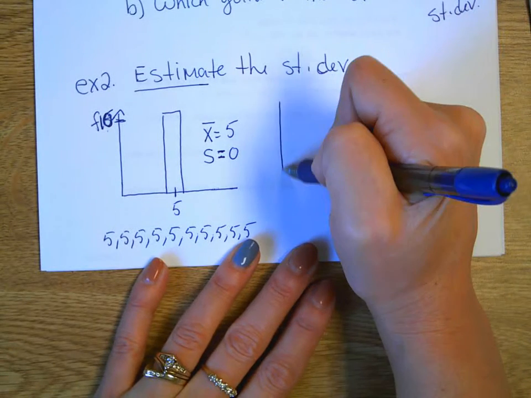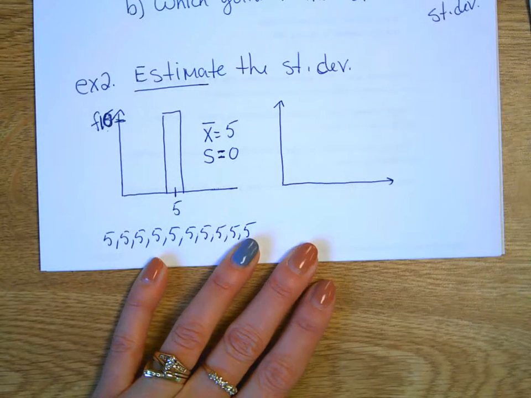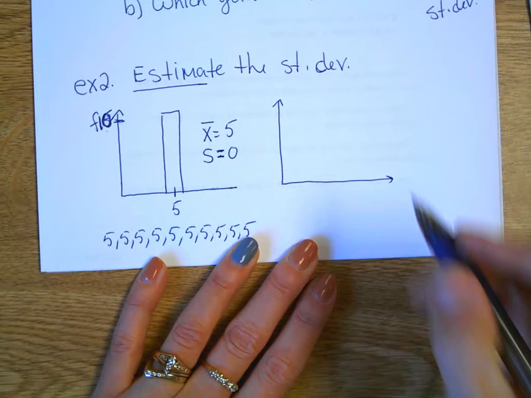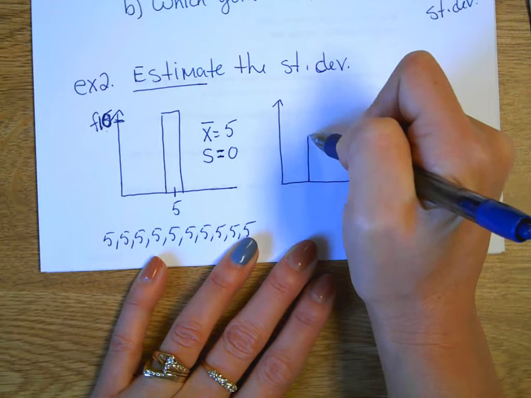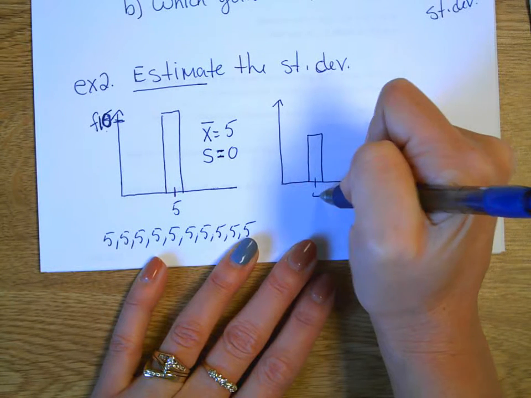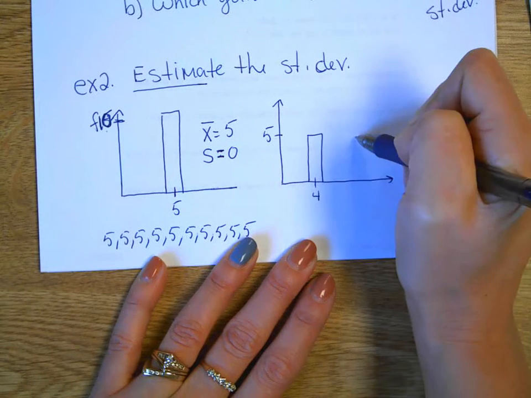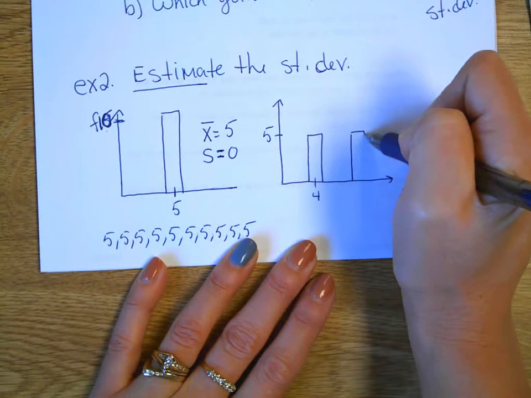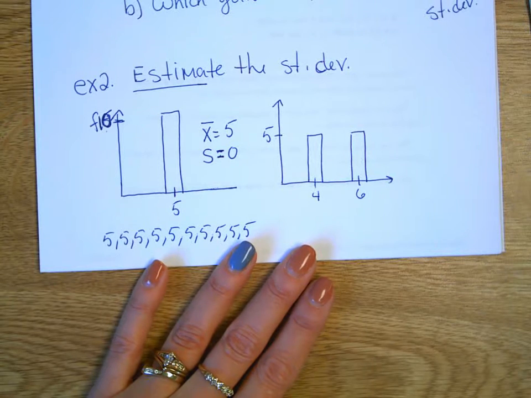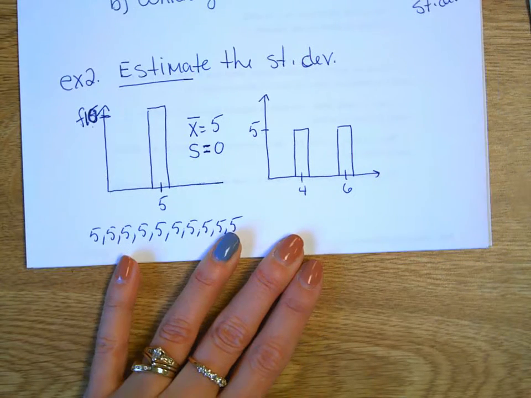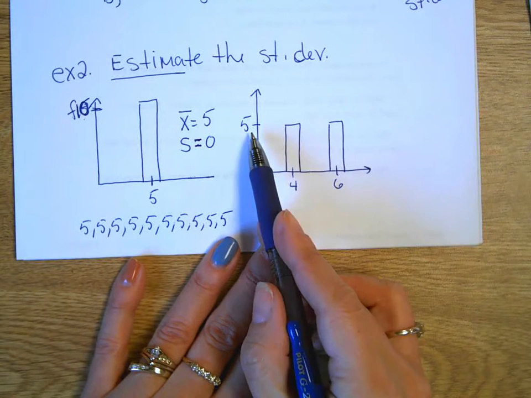Okay, next one. This is just kind of a little bit of an understanding. If I had 5 4s and 5 6s, I have the same amount of them.